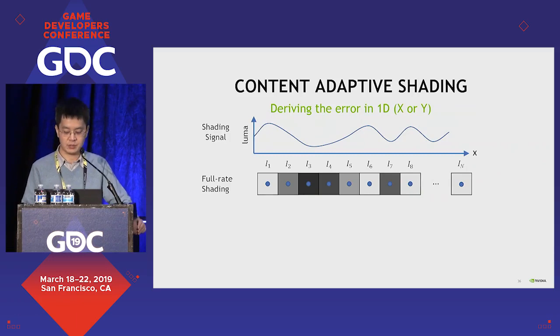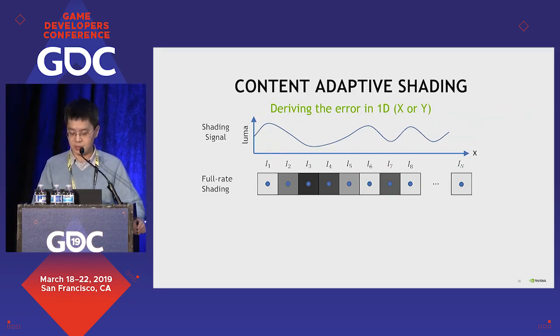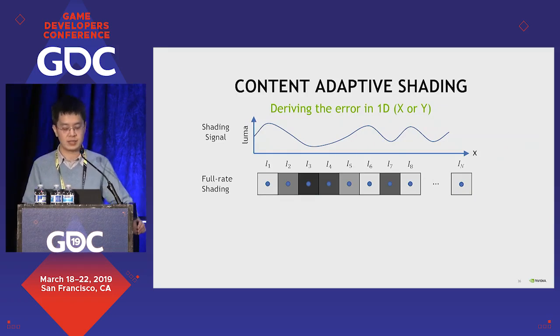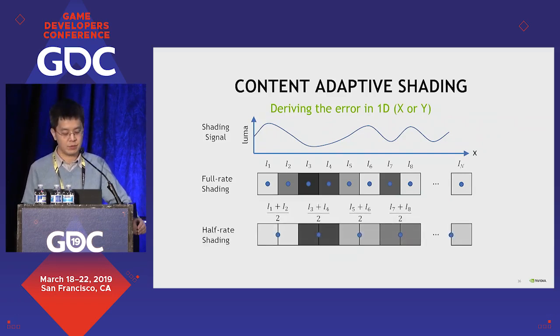Let's first step back to look at a simpler 1D case where we have a line of pixels. We compute the error in the luma channel only, because that's the channel that our eyes have the highest contrast sensitivity to. We have the result from the full rate shading, and assuming the shading signal is properly anti-aliased, then in half rate shading, every pair of pixels shares one shading result, which is the average of the corresponding 2 pixels in the upper row.